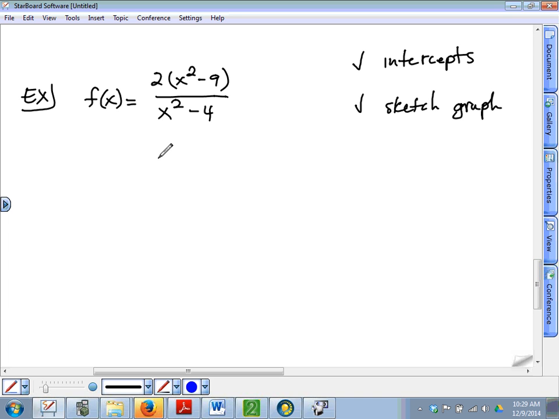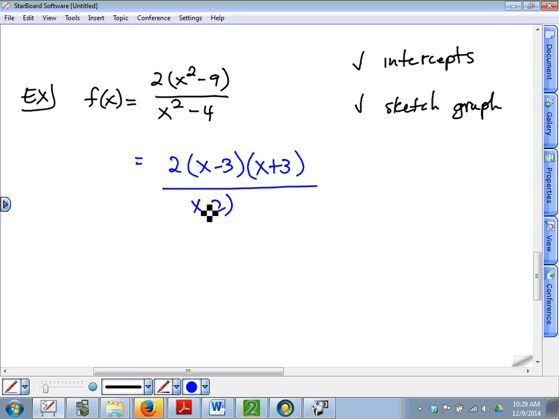First thing I actually would do is factor here. So we have difference of squares on the top and bottom. So we are going to have discontinuities because x can't be 2 or negative 2, but we have to decide if they're removable. Removable means you can factor them out and cancel them.